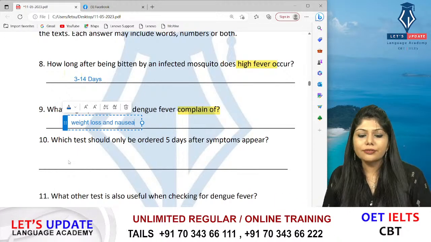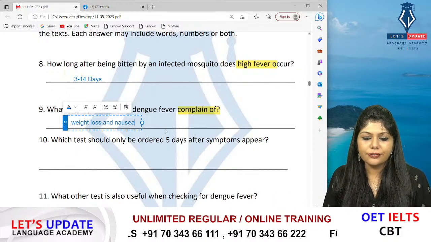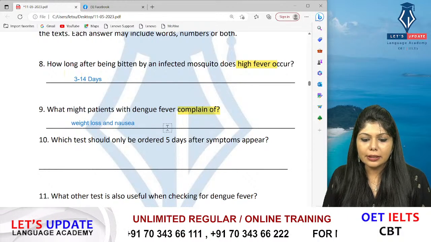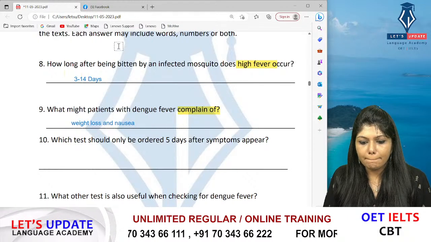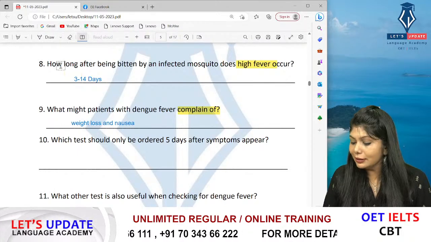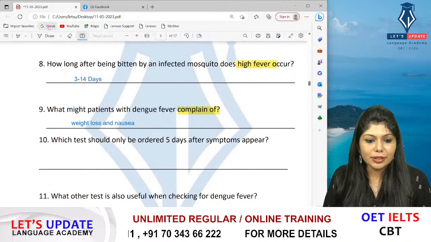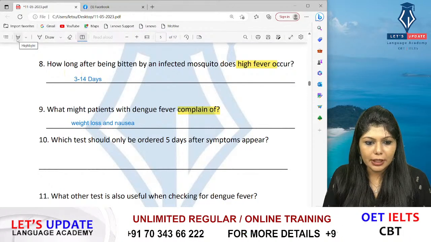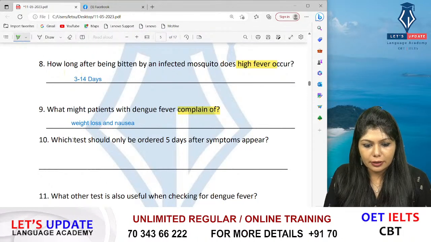Where do you think this information is from? Because now they are asking about the test. So we did come across this information when we first read it. Hope you remember about the test.